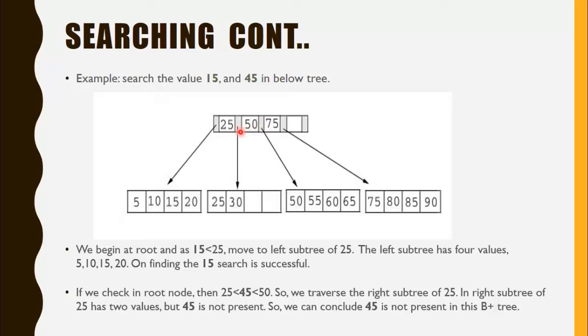So we go to the right subtree of 25, or the left subtree of 50, and check in this middle node. We find that only two values are present, 20 and 30. So we see that 45 is not present, and we can conclude that 45 is not present in the B plus tree.